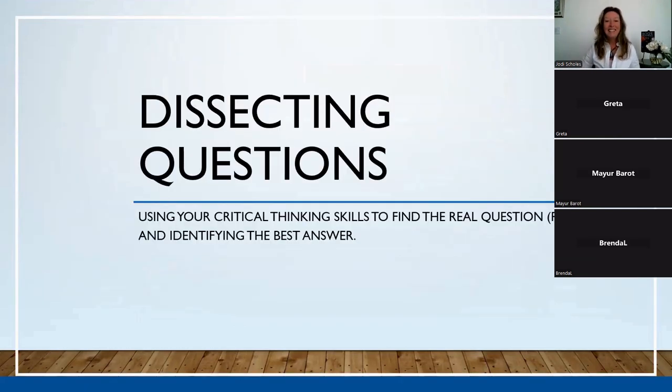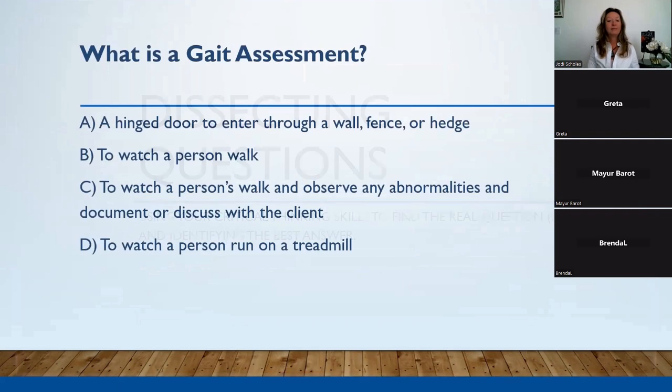Okie dokie. Time to dissect some questions. What is a gait assessment? A, a hinged door to enter through a wall, fence, or hedge. B, watch a person walk.